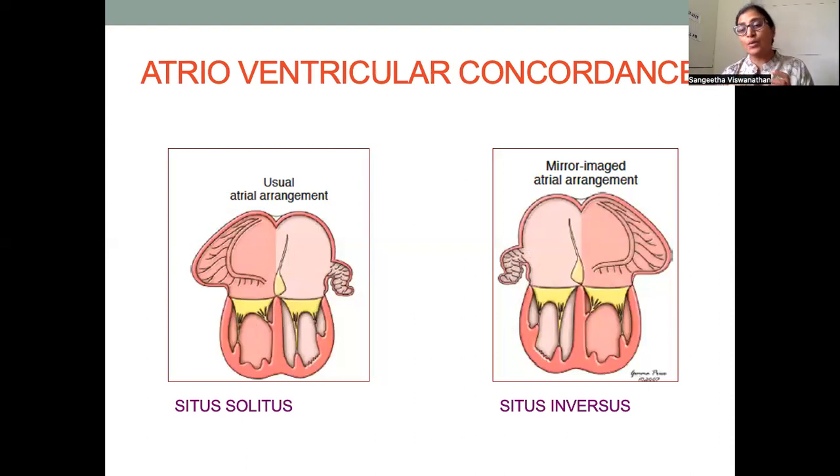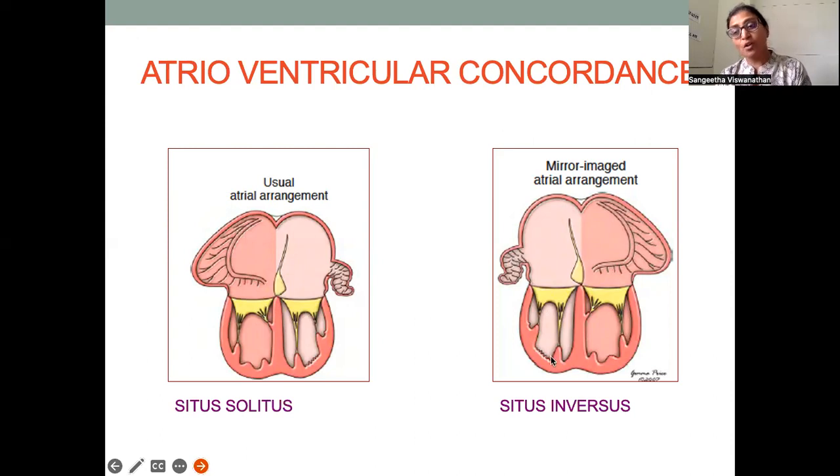each segment has to be analyzed separately. So when you have situs solitus, you have right atrium on the right side, left atrium on the left side, and you have concordant AV connections. RA is connected to the RV. LA is connected to the LV. You can have the same concordance, but in a situs inversus situation. Then you have left atrium on the right. It is concordant.